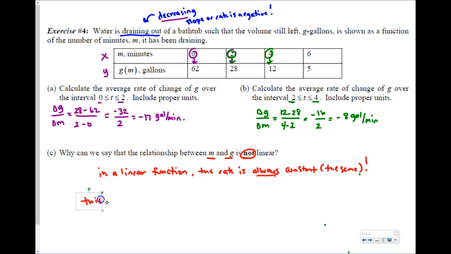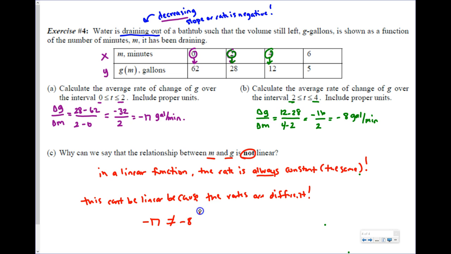This can't be linear because the rates are different. Right? Negative 17 does not equal negative 8. They're not the same. So this right here is not linear.